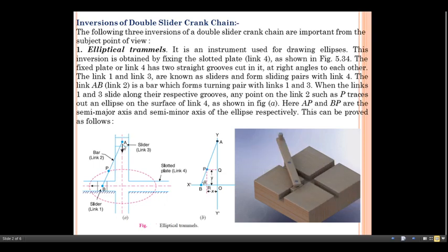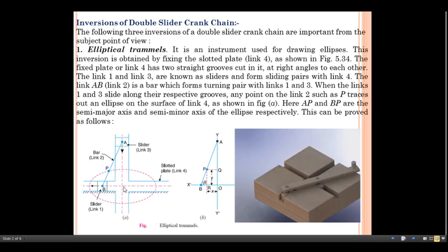Here, when point A is at this point and P is somewhere here, this will act as the semi-major axis. The distance, let us consider B is here and P is here, is nothing but BP. This is the semi-minor axis.